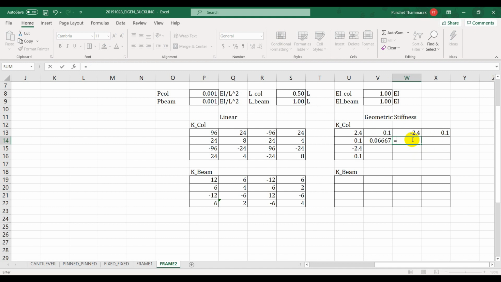This is equals to minus L over 10. L cancel out later. This one is what? Equals to minus the length divided by 30. Okay, so the length divided by 30 is coming down here. This is this.